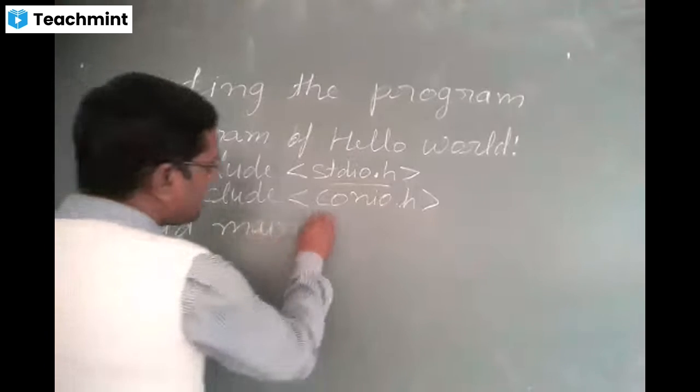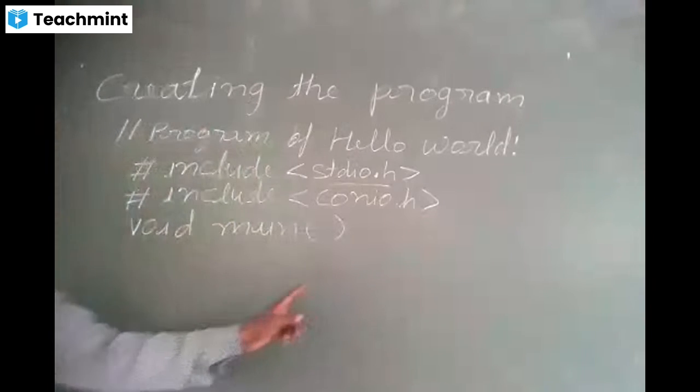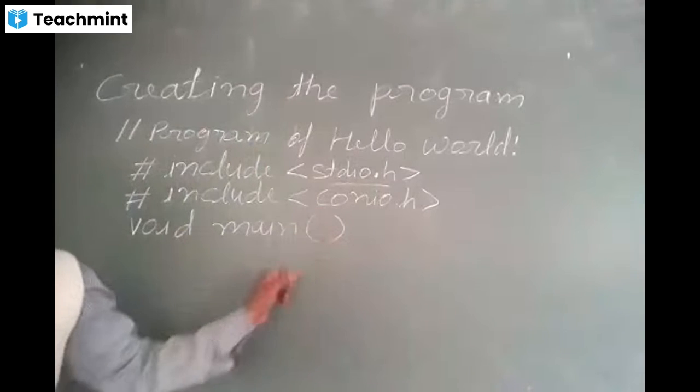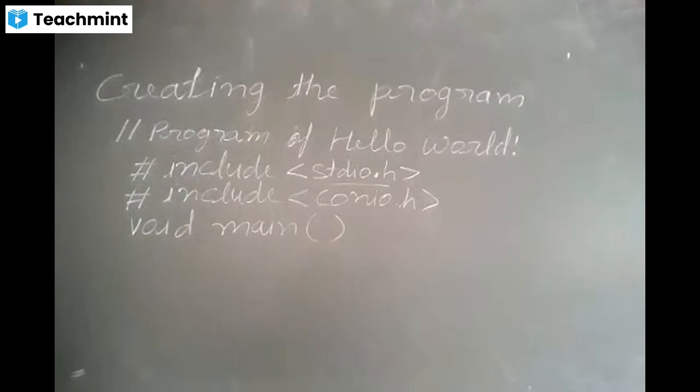Main should have open and close small braces, and the body of the main function will be put within open and closed curly braces. That means the declaration part and executable part of the main function go within the curly braces.